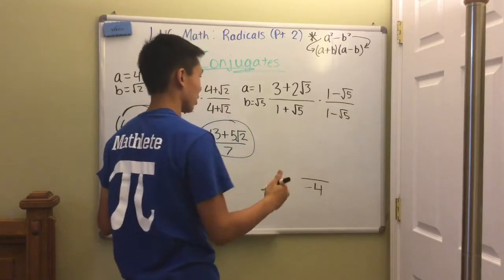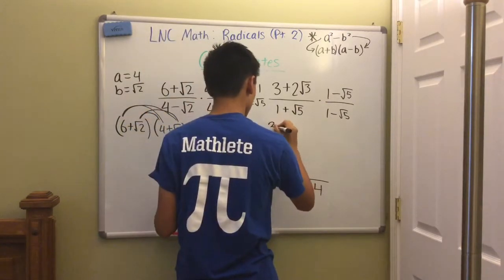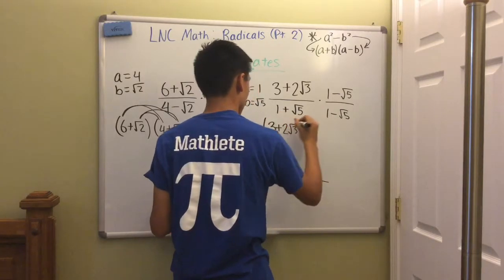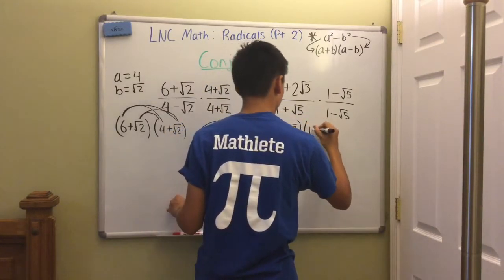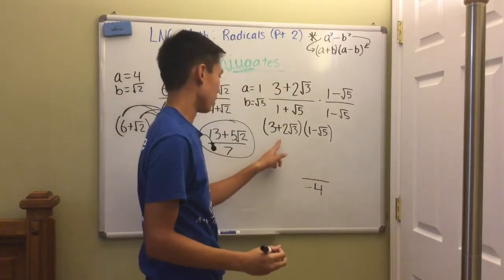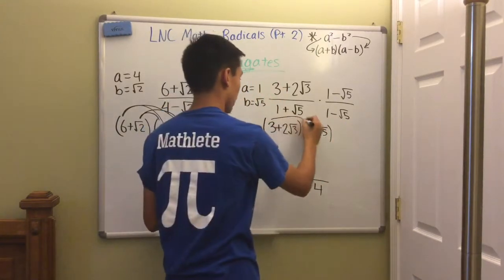Now this one looks like it's going to be long and tedious. Plus 2 root 3 times 1 minus square root of 5. So let's multiply 3 by 1.